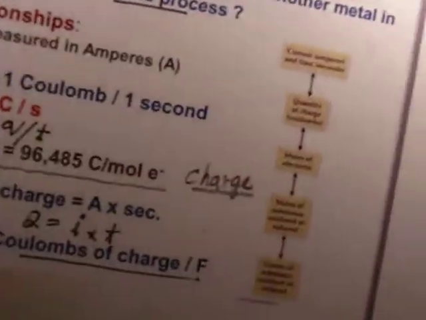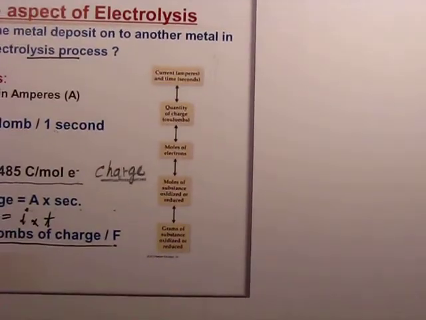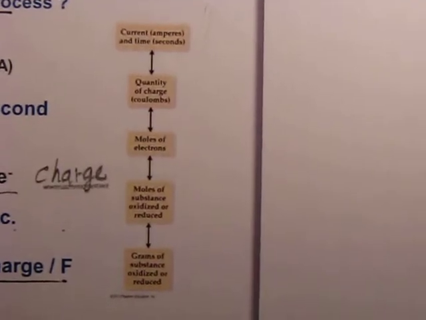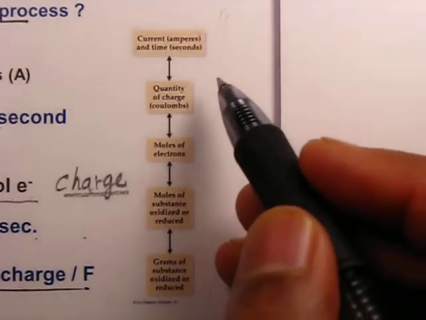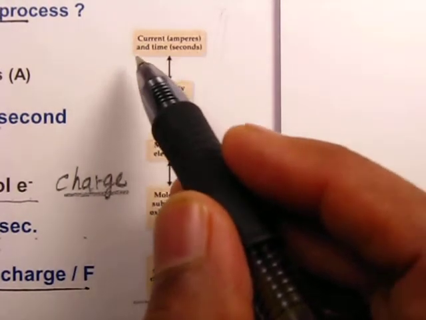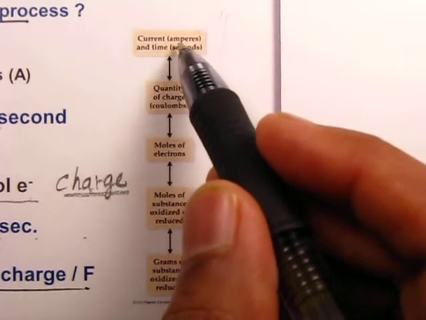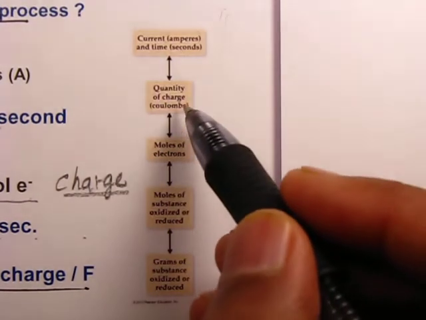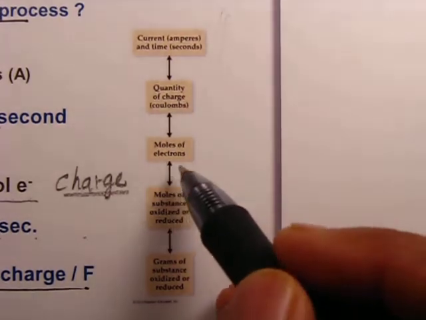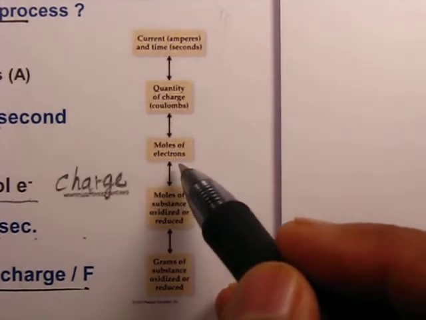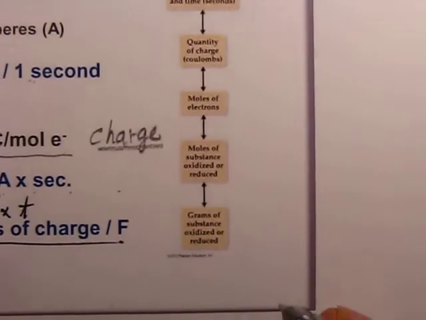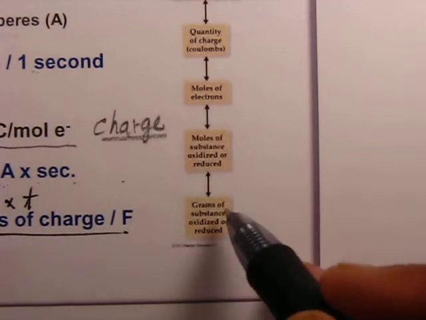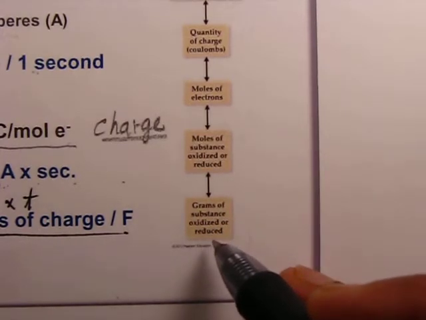So here is the flow diagram. Let me zoom into this region so that we can see it, okay, now it's much better. So we start with current in ampere and time in seconds, then quantity of charge in coulombs, then moles of electrons, then moles of substance deposited, oxidized or reduced, then grams of substance oxidized or reduced.